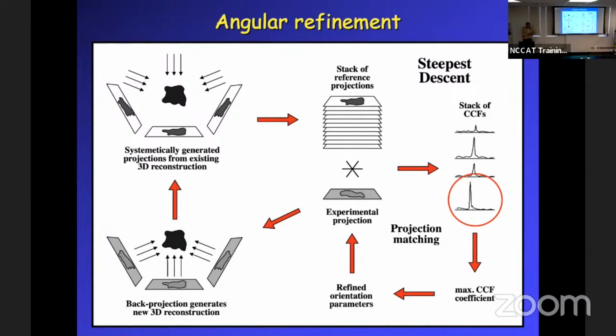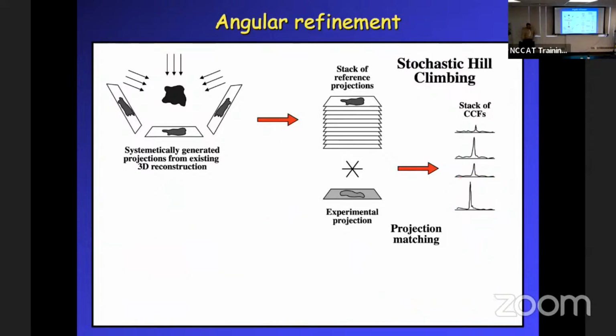So it was a very simple change in this algorithm that changed everything. You do exactly the same up to the point where you do a cross-correlation of your experimental projection with the stack of reference projections, but this time you don't look for the best one, you just take the first highest one. So the first one is not good, the second one is better, and the third one is worse again.